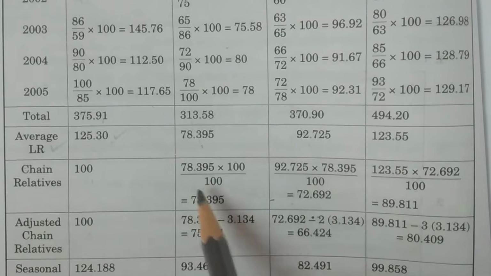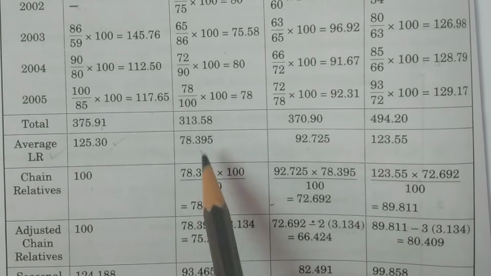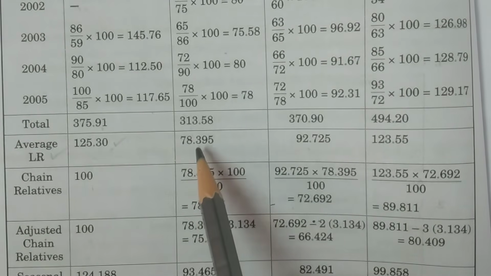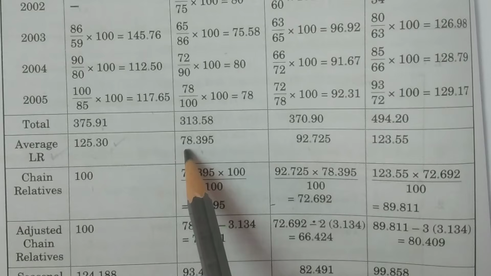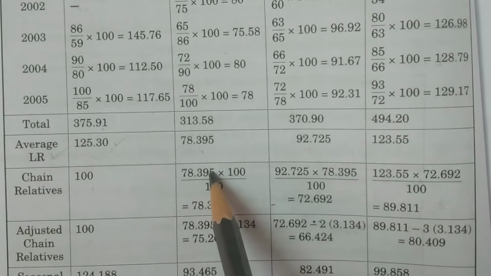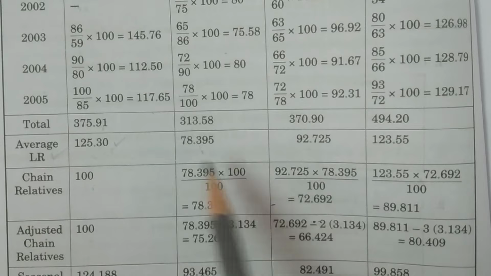Then for the second quarter onwards, you consider the current period or current season's average LR, 78.395, multiplied by the previous season's CR, divided by 100.